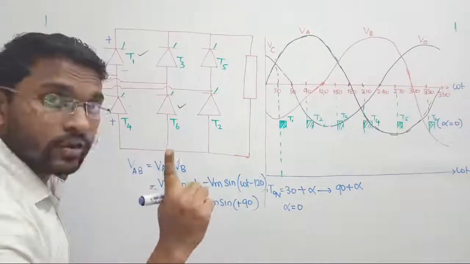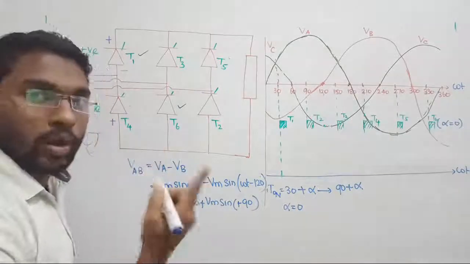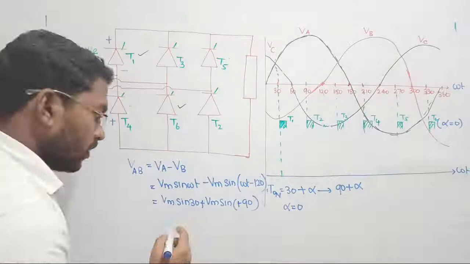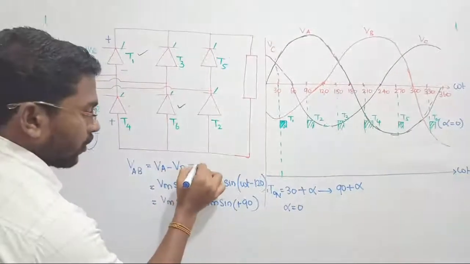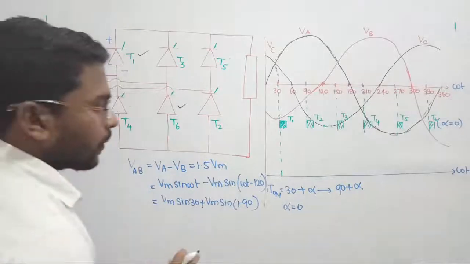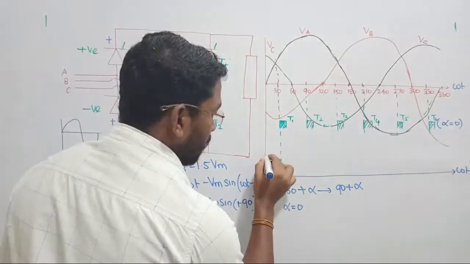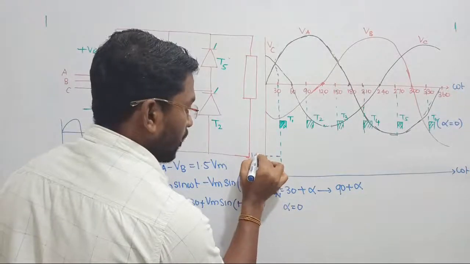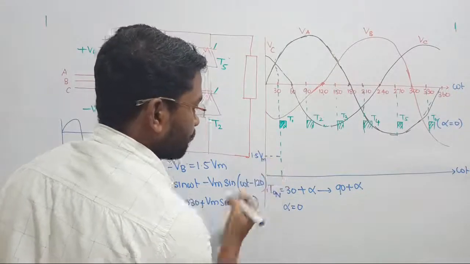Since sin 90 is equal to 1 and sin 30 is equal to 1 by 2, 1 by 2 plus 1 will become 1.5. So the net voltage VAB is equal to 1.5 times the maximum voltage Vmax. Clear? So at omega t equal to 30 degree, we are getting 1.5 times Vmax. Clear?